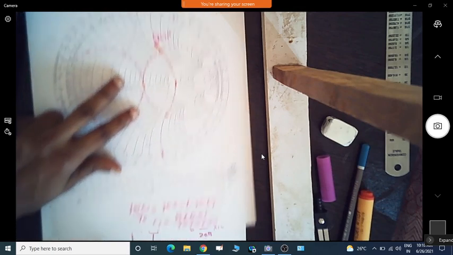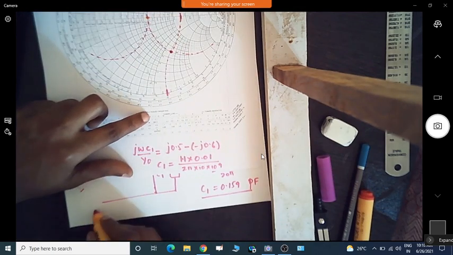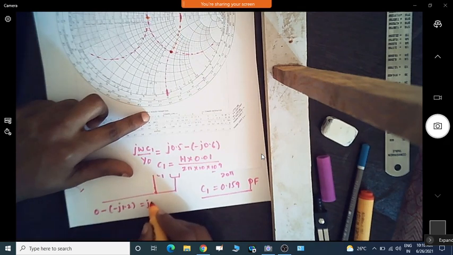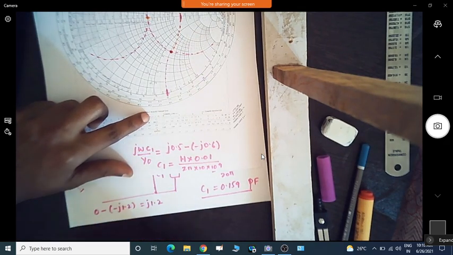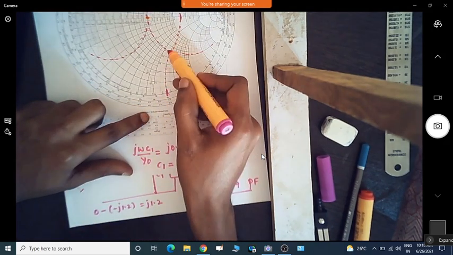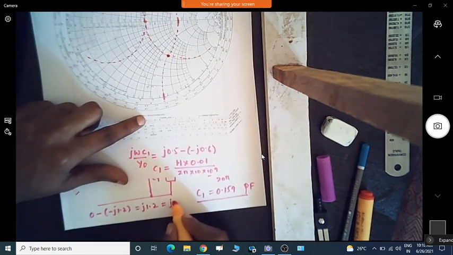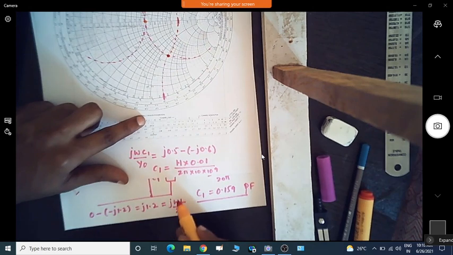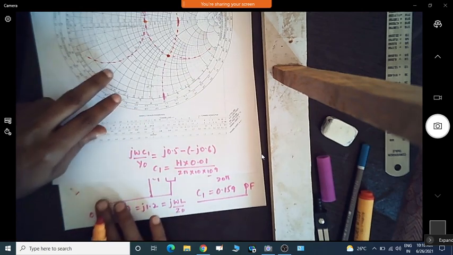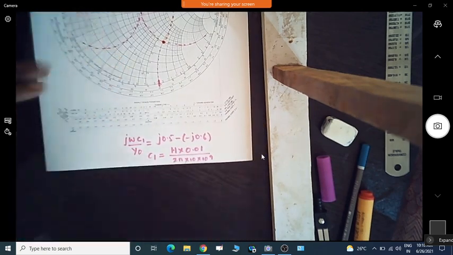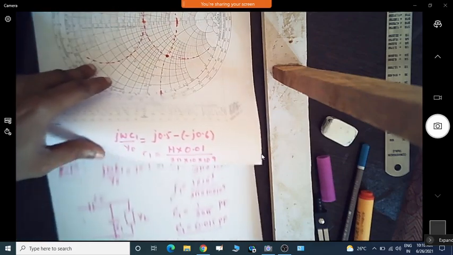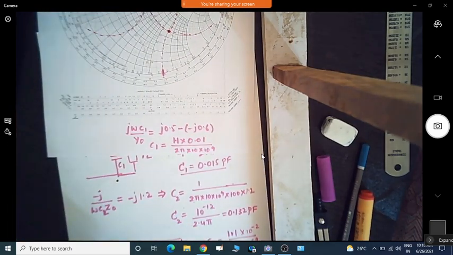So we get 0 minus of minus j 1.2, which is equal to j 1.2. So this is the reactance offered by the inductor, which is equal to j omega L by Z naught. So this is the series inductance equation. So now we can find out what the value of L is.